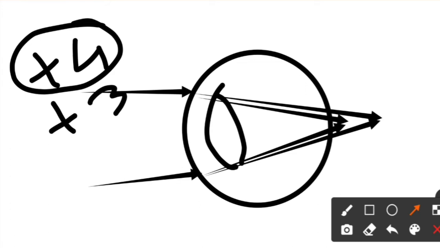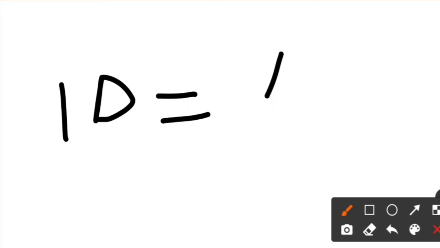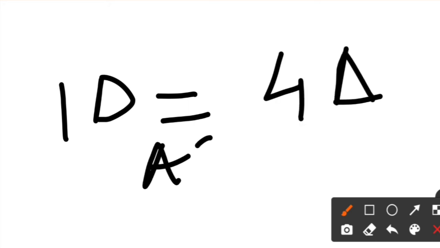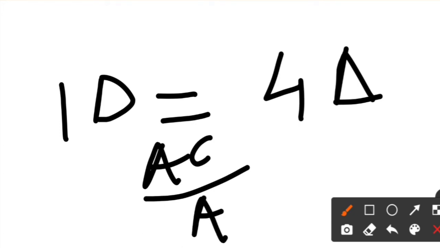And we all know that each one diopter of accommodation leads to 4 prism diopter of convergence, that is known as the AC/A ratio. So it may lead to convergence squint in later life also.